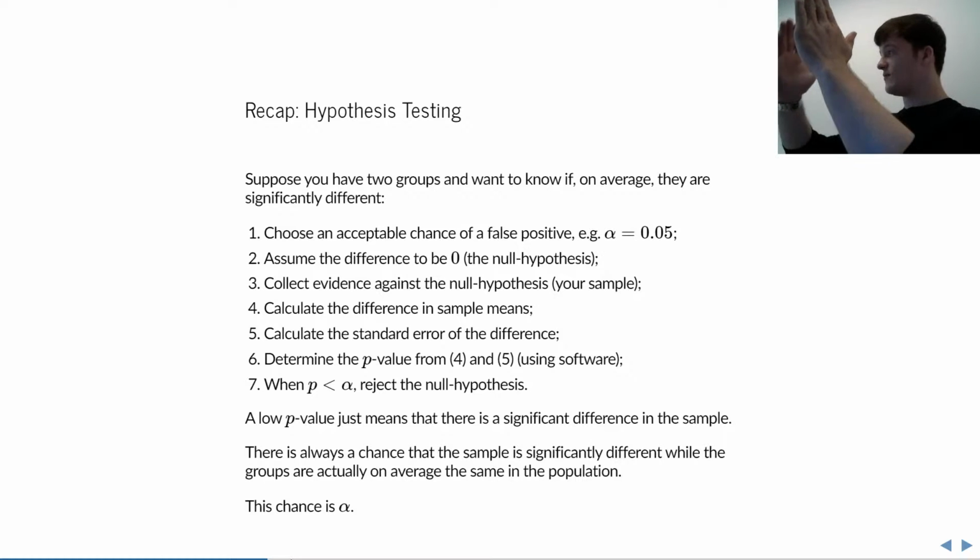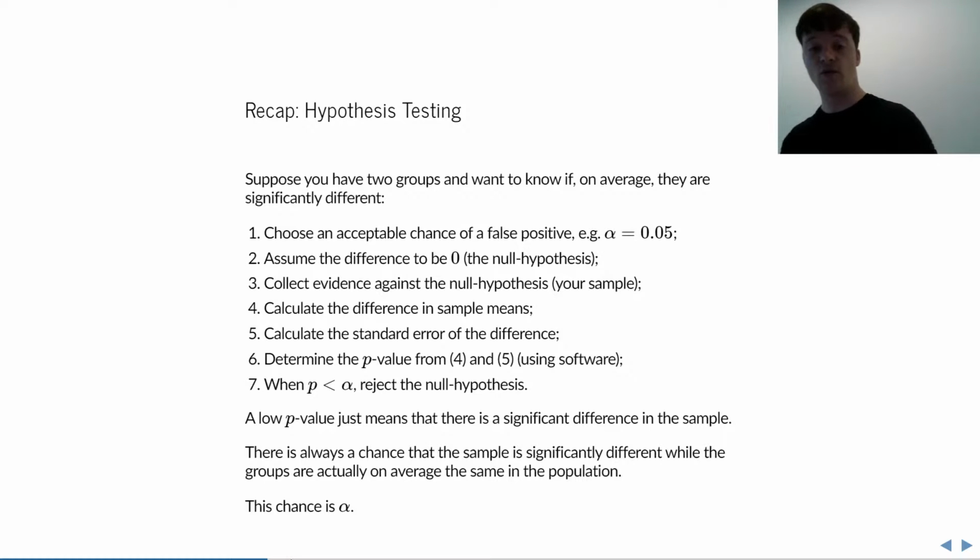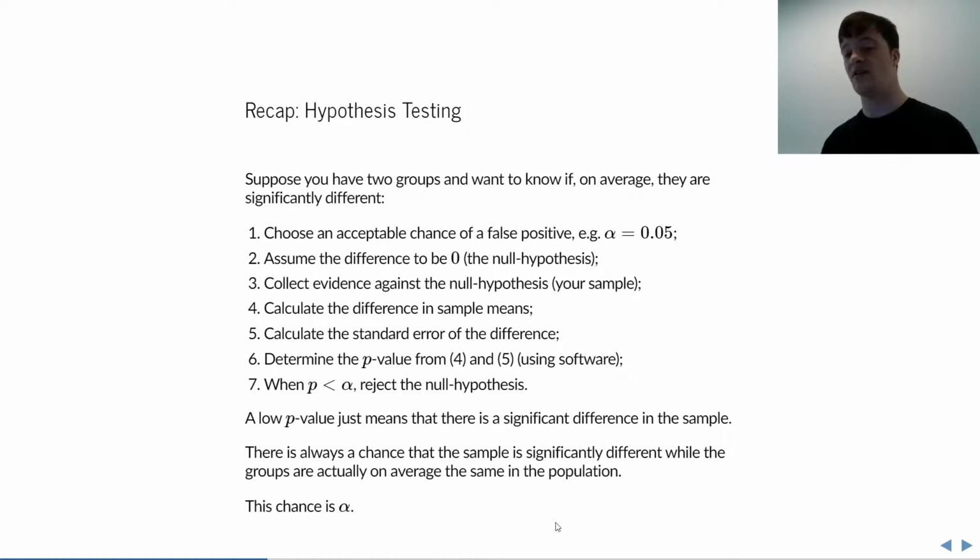We calculate the surface area of that t-value onwards, and that gives us the probability of getting this large a difference if the difference were 0. That's the p-value. If this p-value is lower than the value that we agreed upon, then we say, well, there is a less than 5% chance that this is a false positive, so we reject the null hypothesis in favor of the alternative that there must be a significant difference.